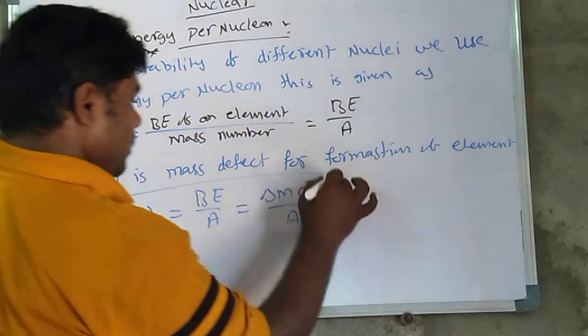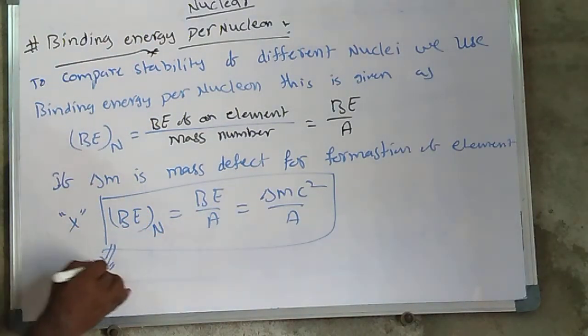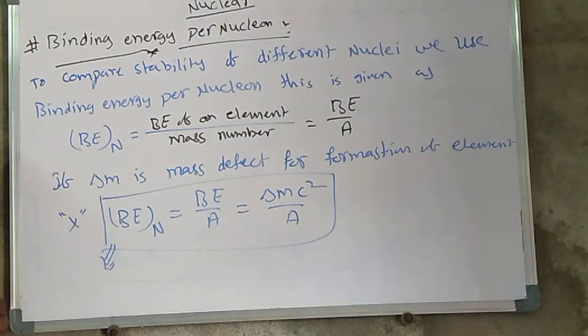This equation gives the energy required to remove one nucleon from the nucleus. This binding energy per nucleon is the energy required to remove one nucleon from the nucleus.